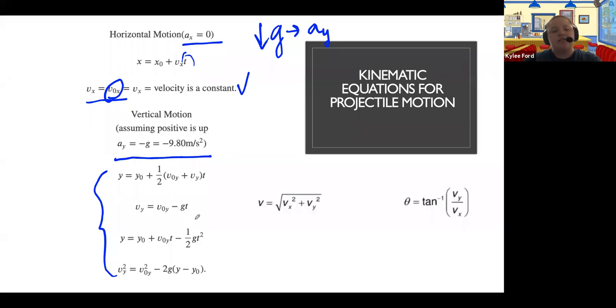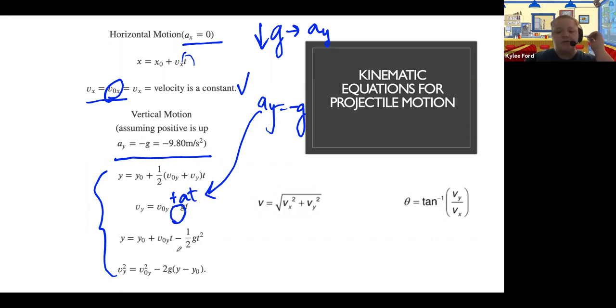They're all very similar to what we had in one dimension, but they are now defined in the y direction, and we plug in g for our a. Normally we have some positive at here, so we're plugging in our ay. Remember, our ay is negative g. So we're plugging that in for our a there. That's why we have a negative gt right there, and so on and so forth with these other ones.